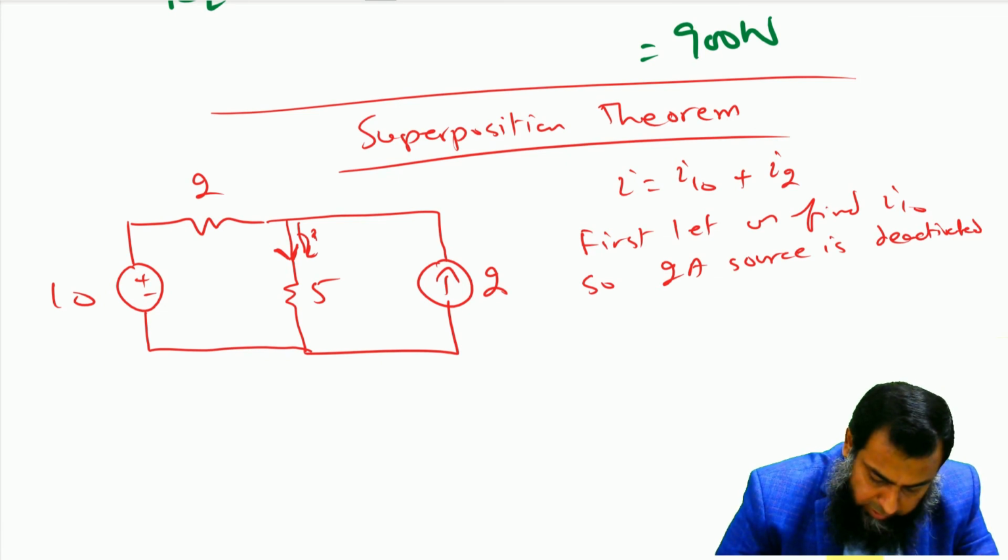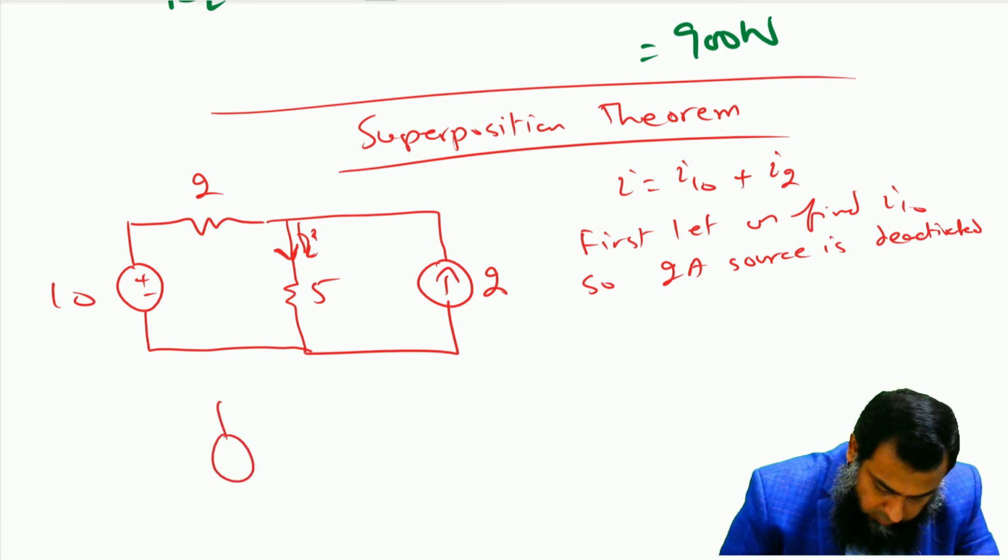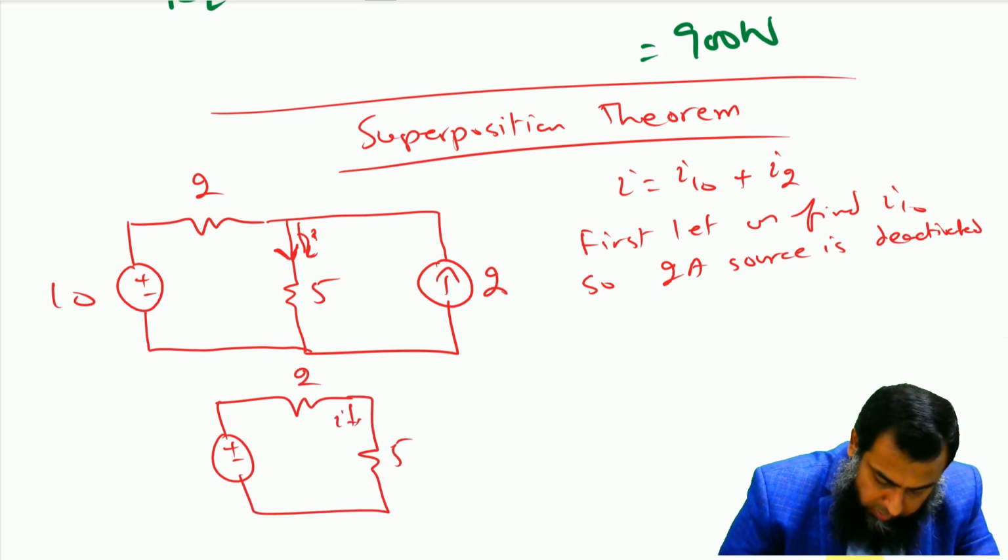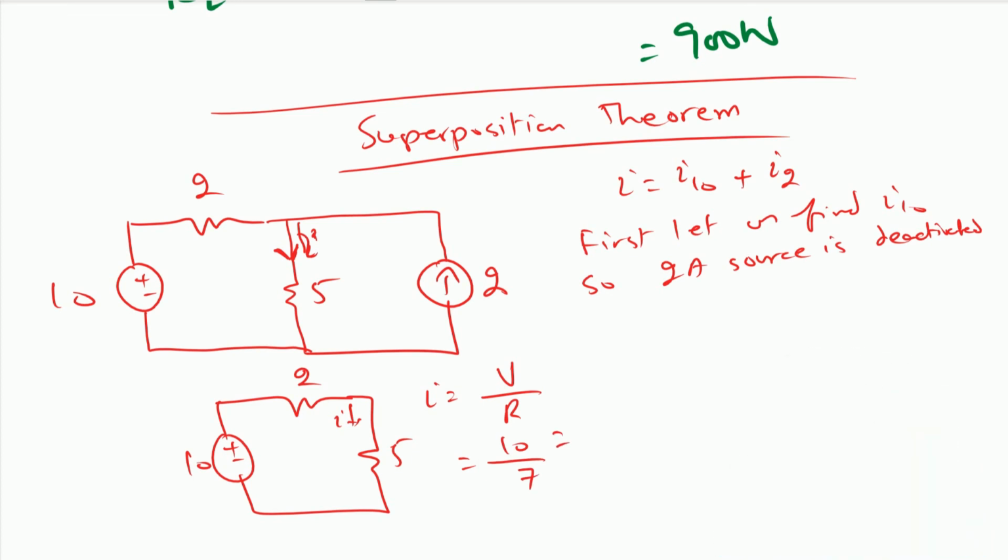So the remaining circuit is this one. So we have this 2 ohm and this is 5 ohm. So what is the current here? I is equal to V over R, and that is equal to 10 divided by 7, and this gives us 1.42 ampere here. So we have got the value of this I10.